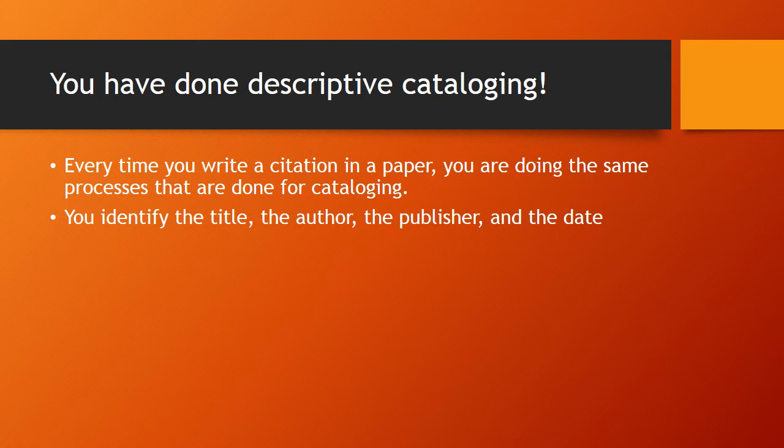You're describing that item, you're putting it into a particular content standard, you're writing the title in a particular way, you're writing the author in a particular way, you're choosing what parts of the title you're going to put in, how you're going to describe the publisher, and how you're going to put the date in, right? All of those things are elements for particular citation styles, and you utilize those all the time.